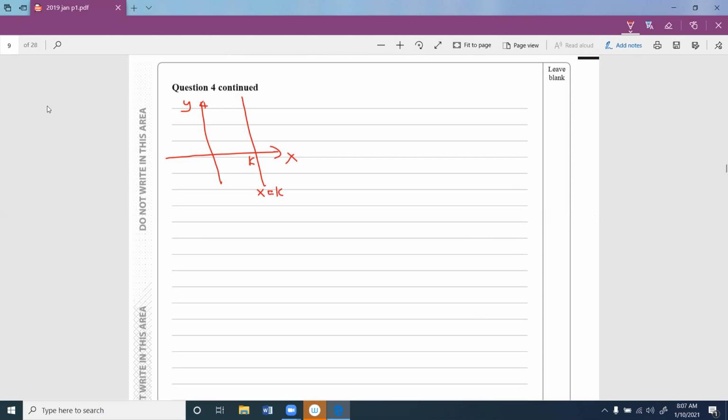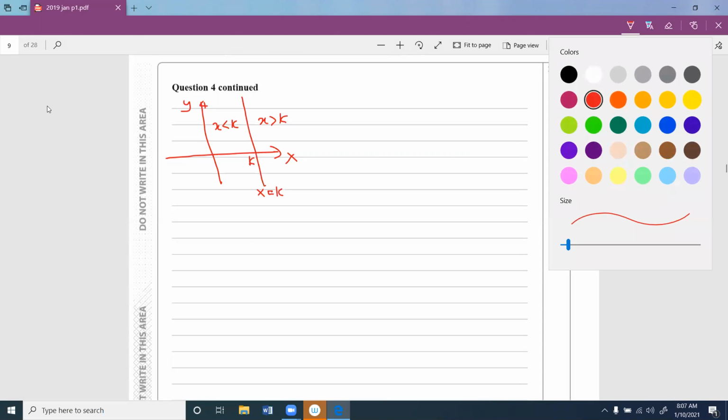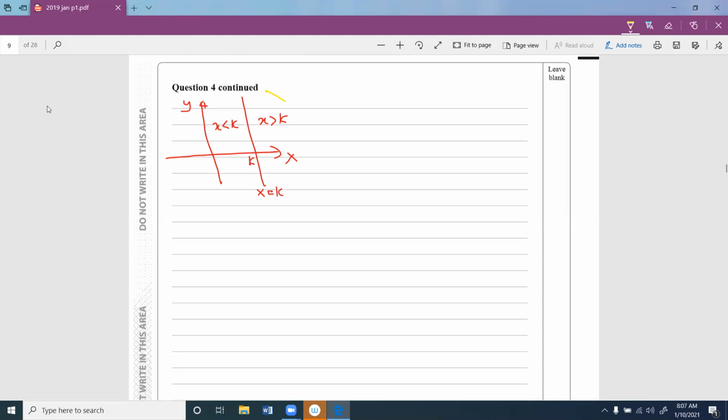This side is x greater than k, and this side is x less than k. If I color this side with a light color, this side is x greater than k.